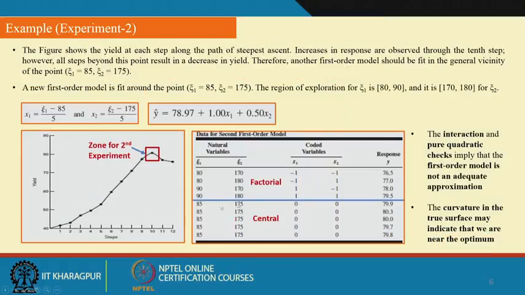For example, if you use these 4 factorial points and 1 central point, there are only 6 distinct observations, in the sense that the 5 observations at the central point are treated as a single distinct observation. But you require 6 parameters to be estimated. So all parameters cannot be estimated, and the error also cannot be estimated.